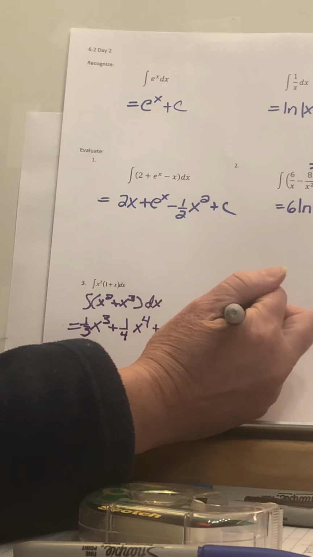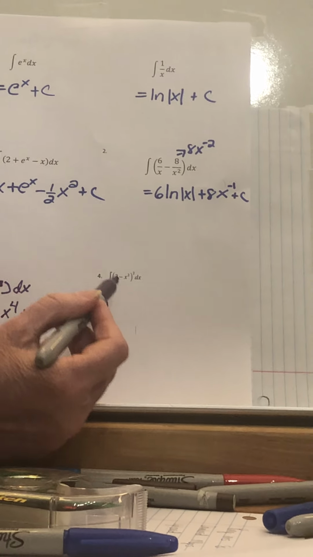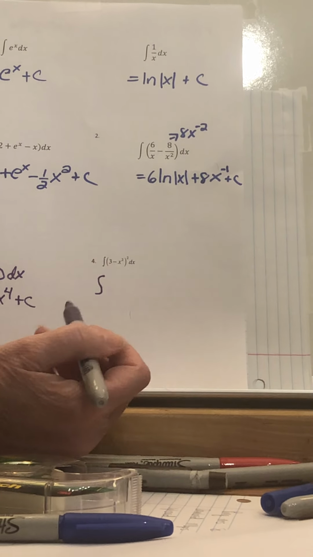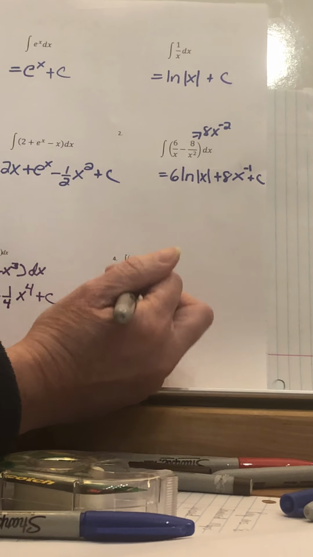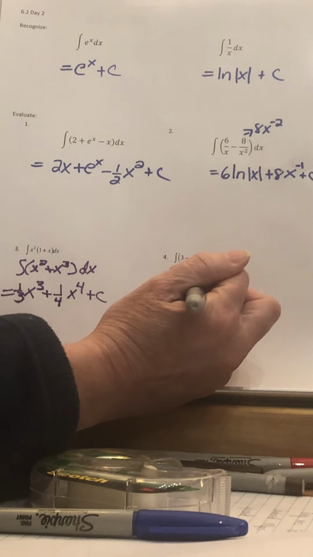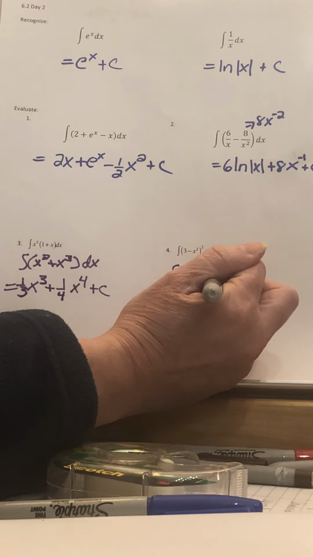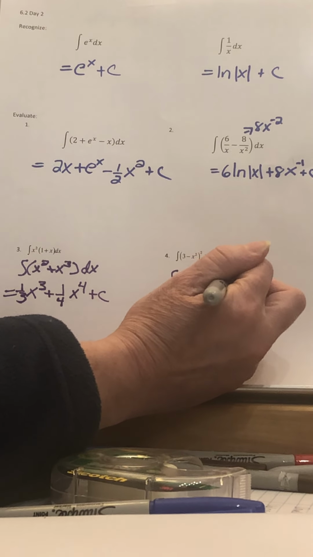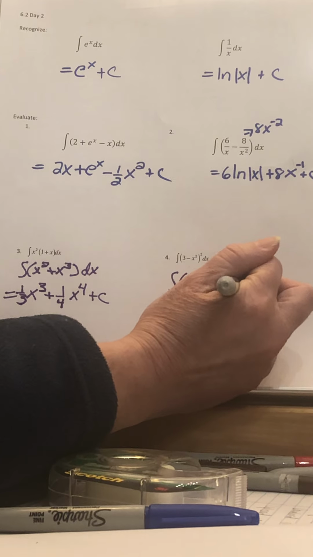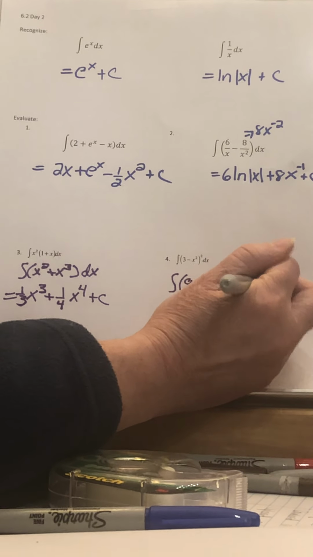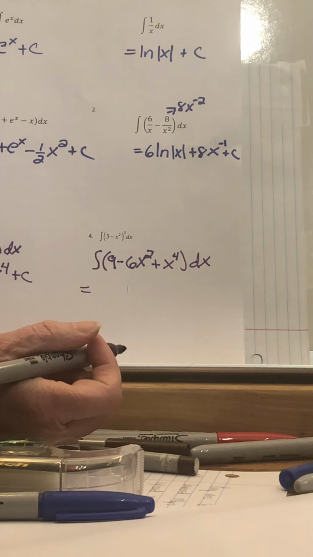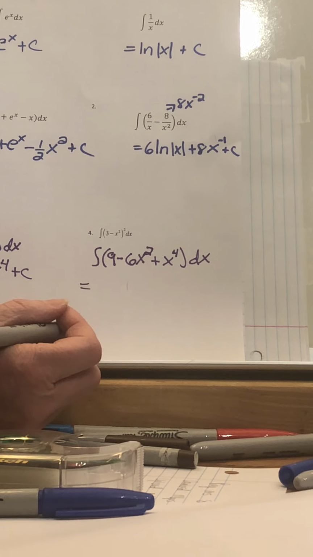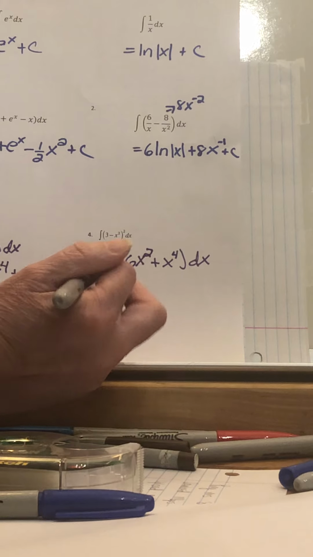My next one, there's algebraic simplification because the binomial is being squared. So I first square that binomial. I get 9 minus 6x squared plus x to the 4th dx. Now that I have all of my terms listed out, I can then apply the power rule in reverse.